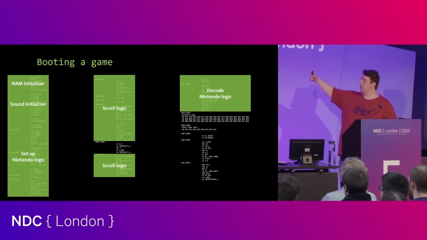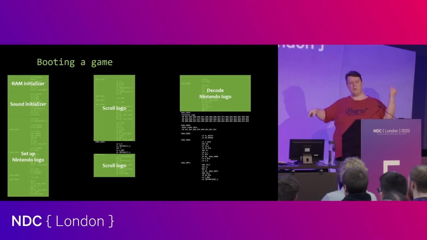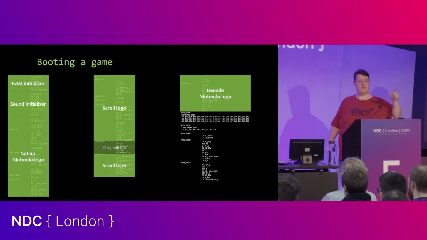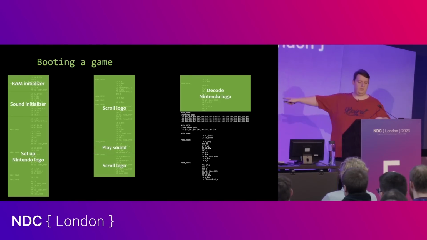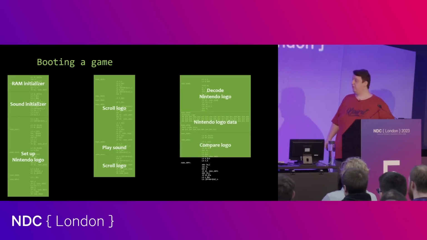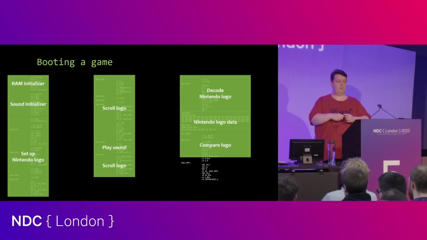So we're scrolling down that logo all the way to the middle of the screen, and then you'll see that there's a gap between the scrolling, because right before we hit that end of the screen, we're playing those two sounds. And then, again, here's the Nintendo logo, and we have to compare it with the logo that's stored on your cartridge.